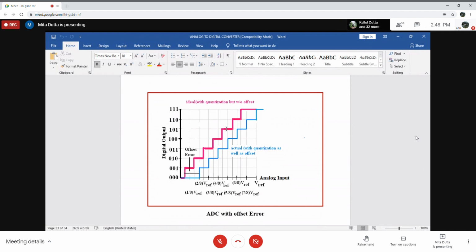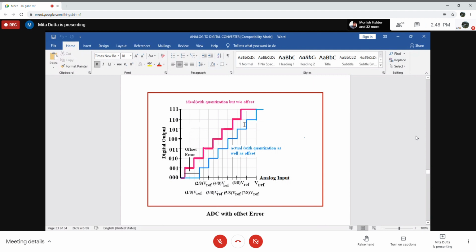And we know in 3-bit rounding off type ADC, we have a quantization error within plus minus half LSB. So the pink one will be the input-output relationship of an ideal ADC without offset error.